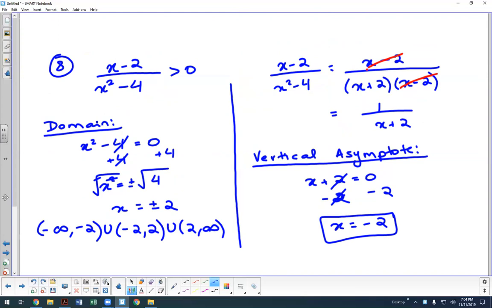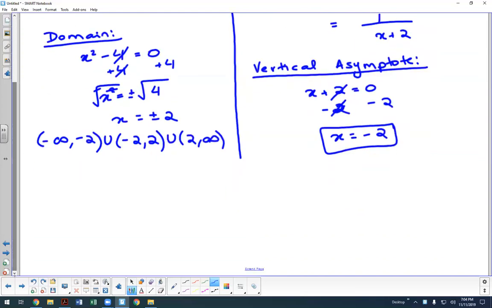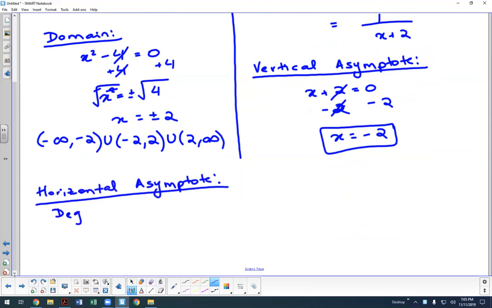I have just 1 on the top, x plus 2 on the bottom, which means our horizontal asymptote is again going to be at the x-axis, y equals 0. So degree of numerator is less than degree of denominator.